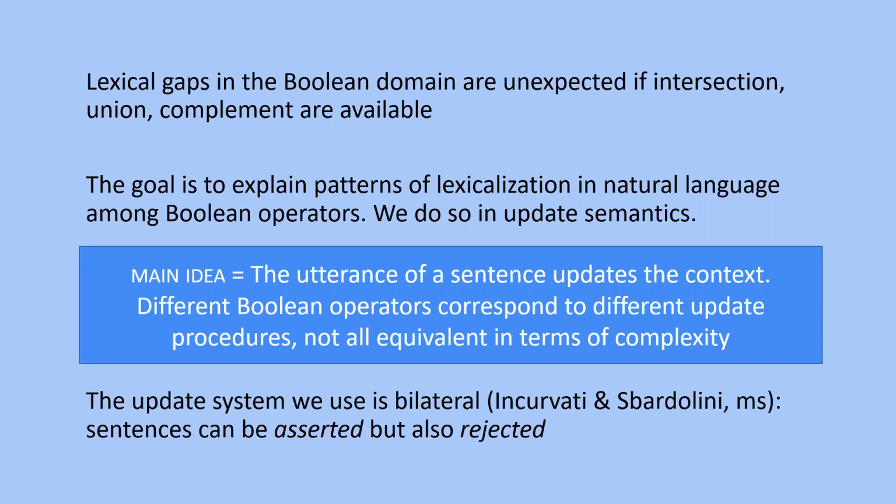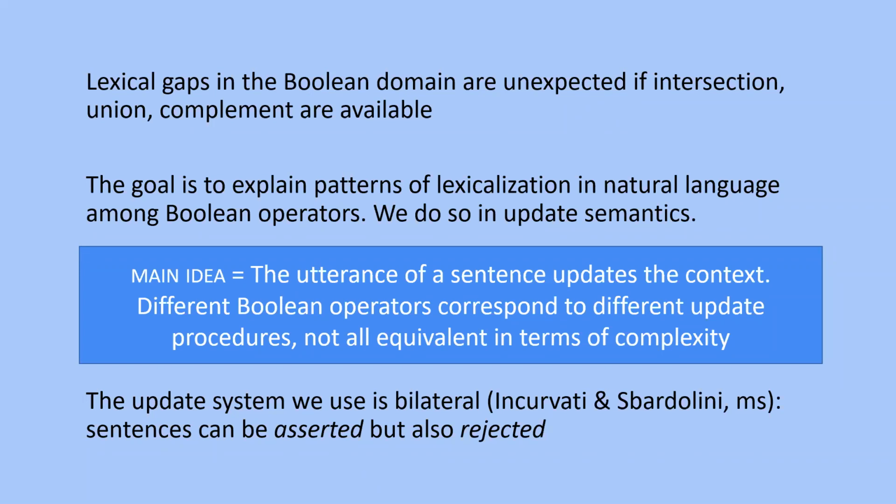Now you might be wondering, what are these people doing in a workshop on speech acts other than assertion? The answer is the update we use is bilateral, and it's work that I've also been doing, in which Luca is also involved. So really, this is perhaps a 3 brains project at the moment. The crucial idea is that sentences can be asserted.